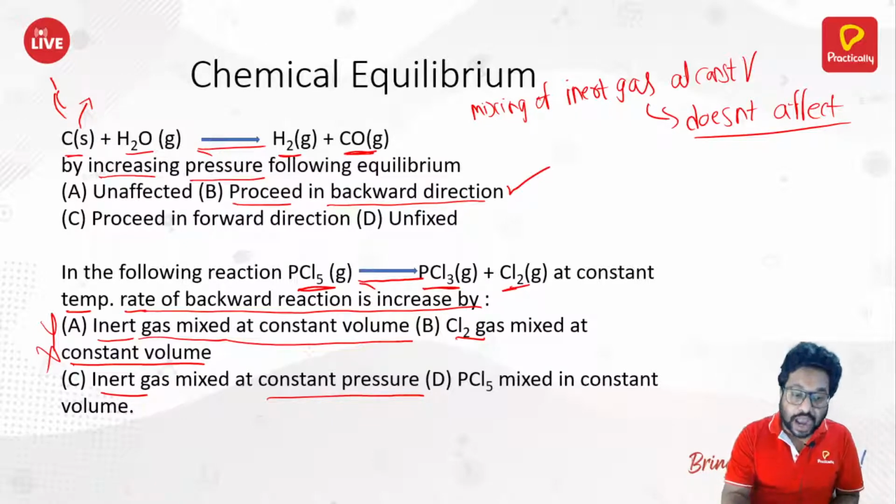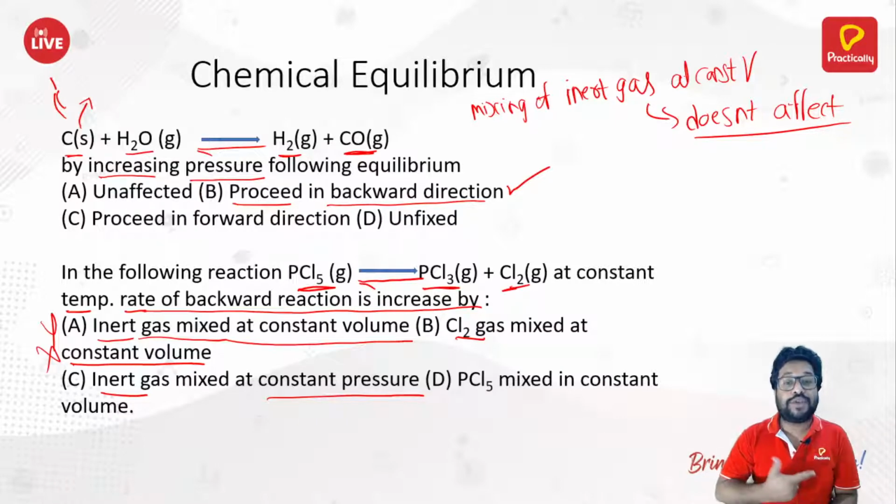So when you add inert gas to the system, what will happen? Pressure is constant, but volume will increase or decrease. If you mix the inert gas now, the total number of moles of gases is increasing. So if you increase the amount of inert gas in that system, the total number of moles will increase.